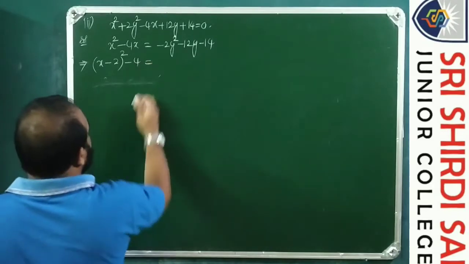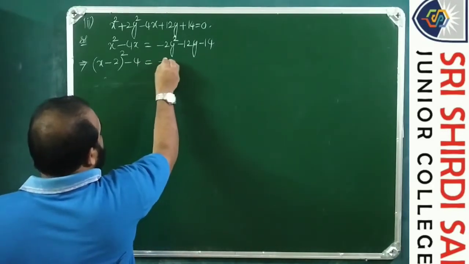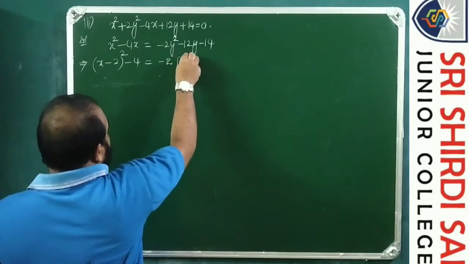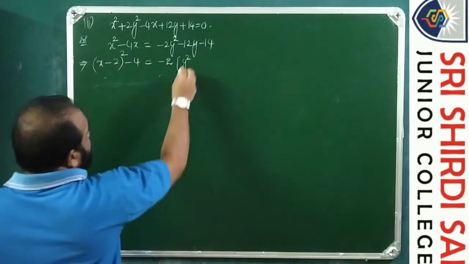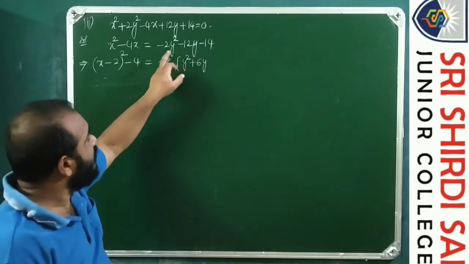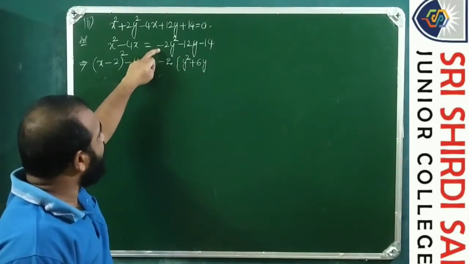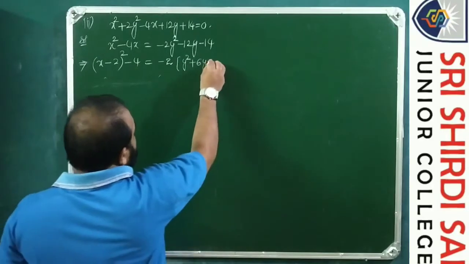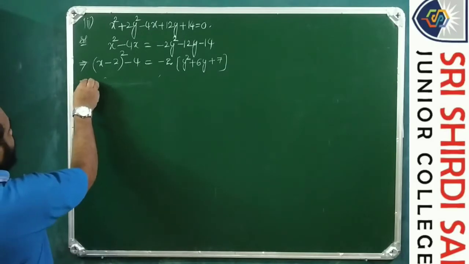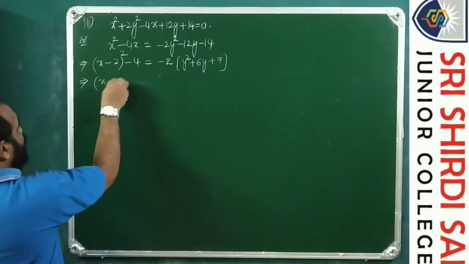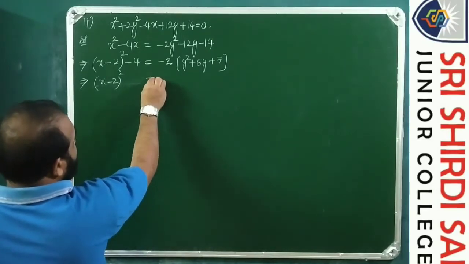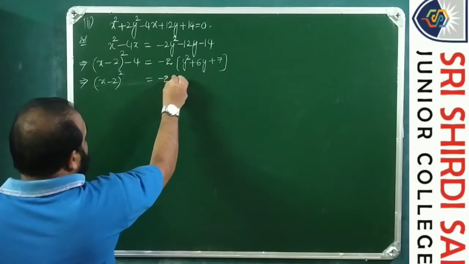So this equals minus 2 into y square plus 6y. Taking the minus aside, we have y square plus 6y plus 7. So x minus 2 whole square, with the minus 4 as usual, equals minus 2 into this.